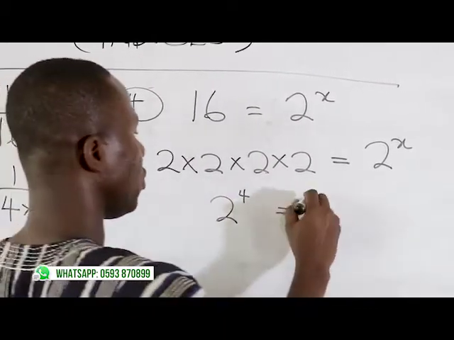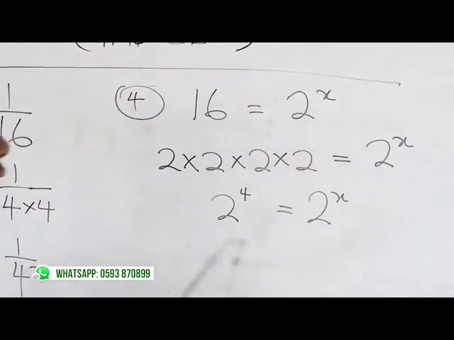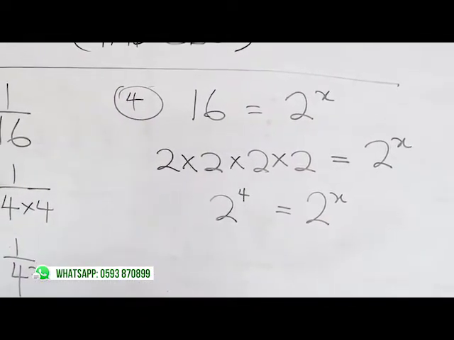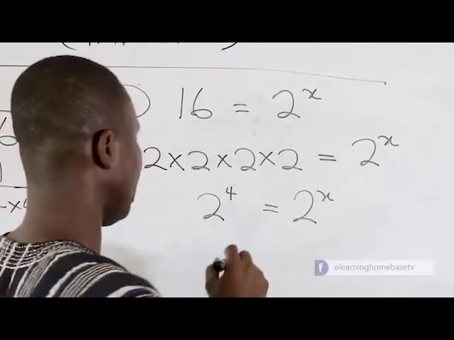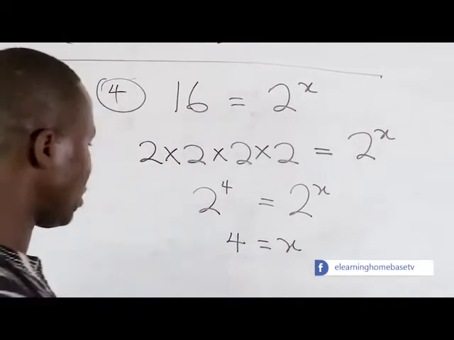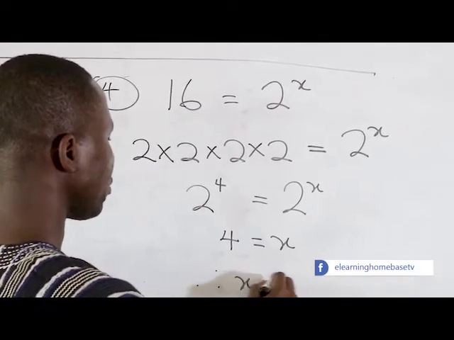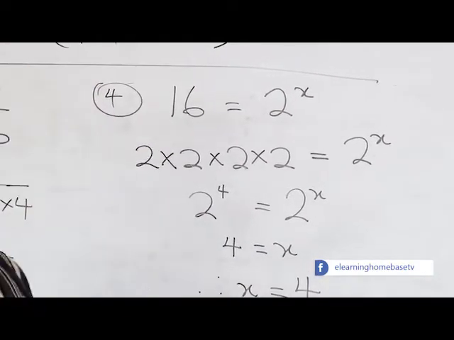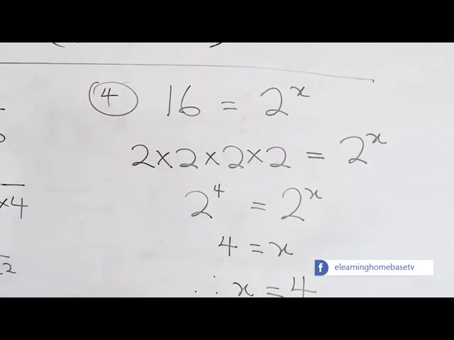Are the bases the same now? Yes. So we equate the exponents. By conclusion, therefore, x is equal to 4. But we got that one correct. Good.